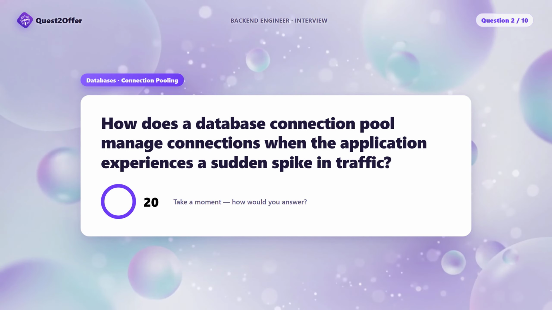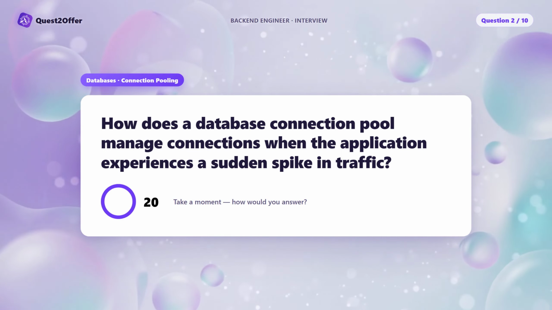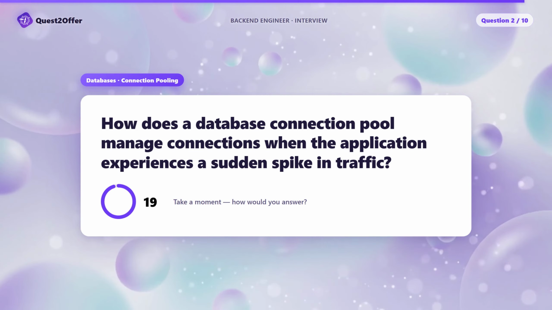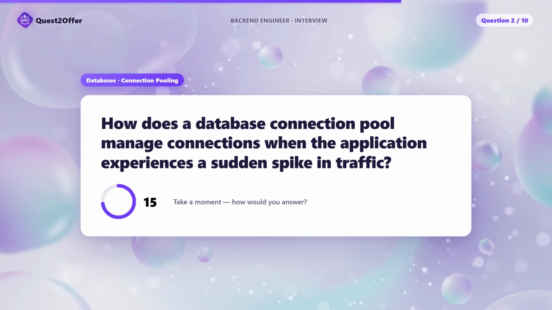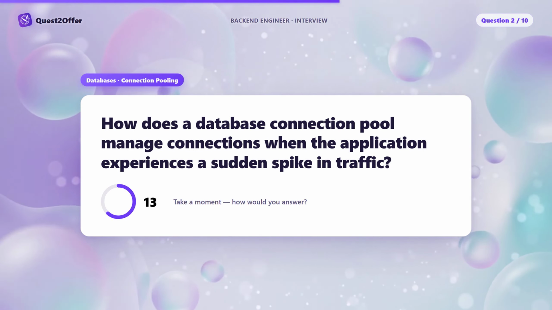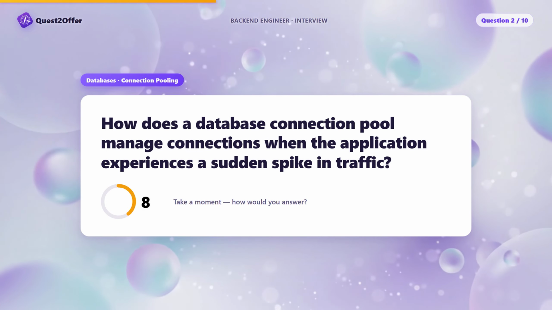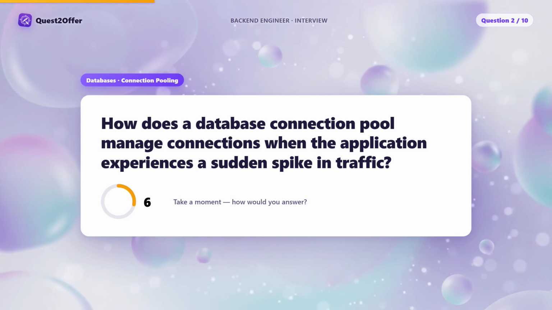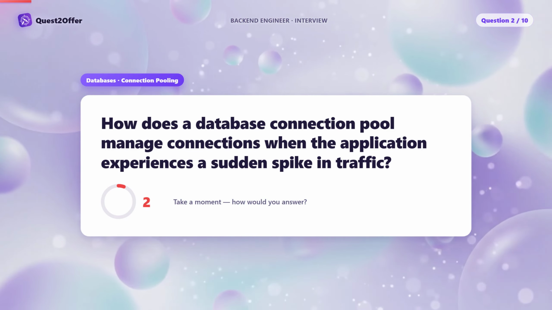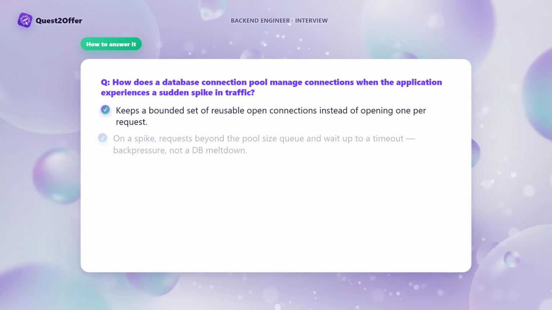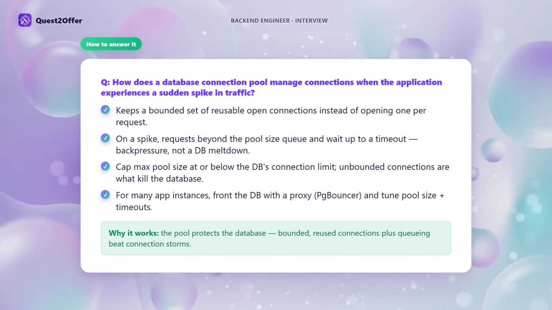Question 2. How does a database connection pool manage connections when traffic suddenly spikes? A pool keeps a small set of reusable connections instead of opening one per request.